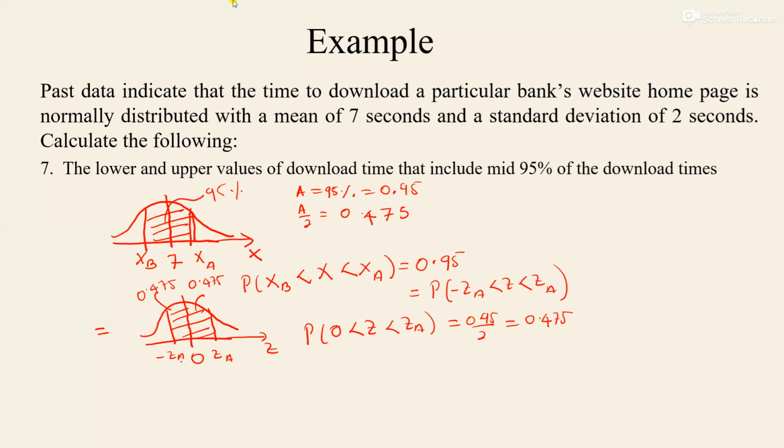Then from the table, now you have to search for where 0.475 is located. Z less than ZA is equal to, I think it is 1.96.